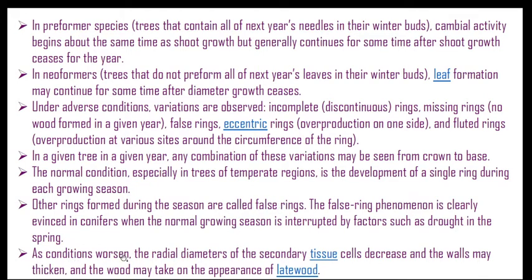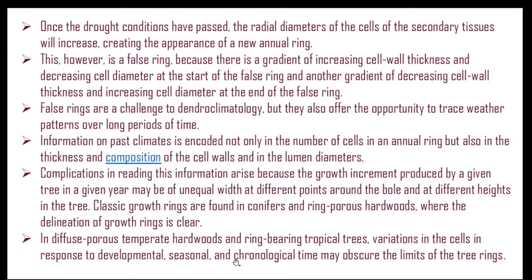As conditions worsen, the radial diameter of the secondary tissue cells decreases and the walls may thicken, and the wood may take on the appearance of late wood. So this is again a different condition. Once the drought condition has passed, the radial diameters of the cells of the secondary tissue will increase, creating the appearance of a new annual ring.